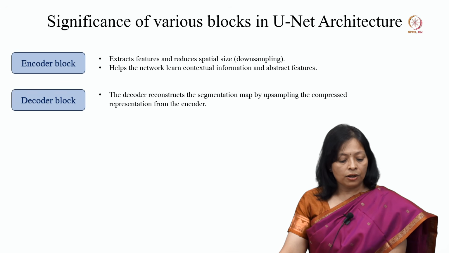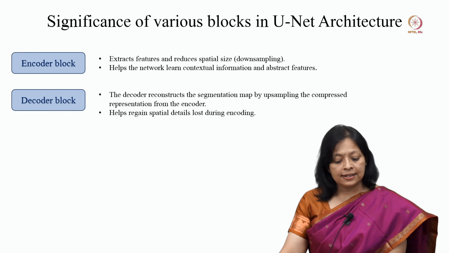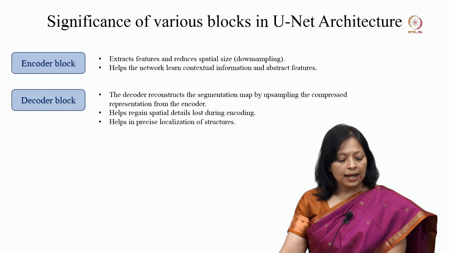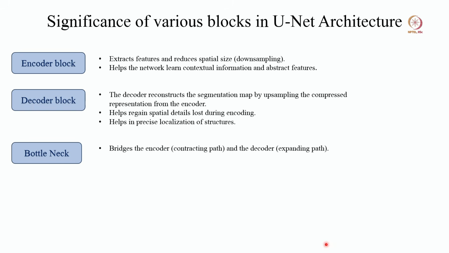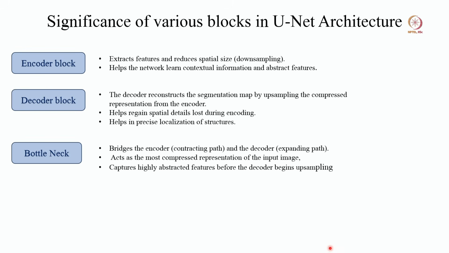Then the decoder block reconstructs the segmentation map by upsampling the compressed representation from the encoder, helps regain the spatial details lost during encoding, and it helps in precise localization of the structure. Then the bottleneck bridges the encoder, the contracting path, and the decoder, the expanding path, and acts as the most compressed representation of the input image. It also captures highly abstracted features before the decoder begins the upsampling process.